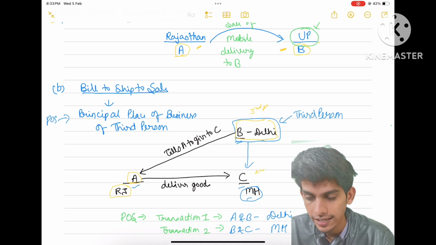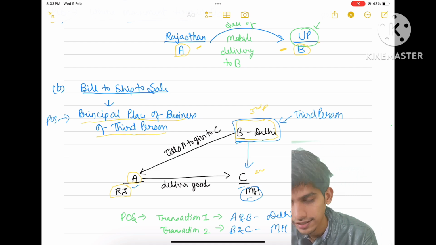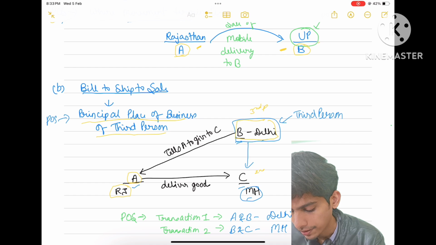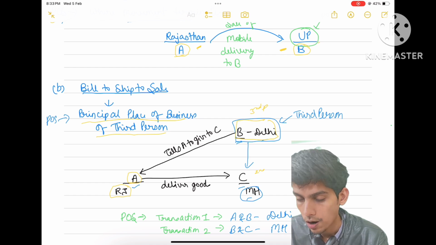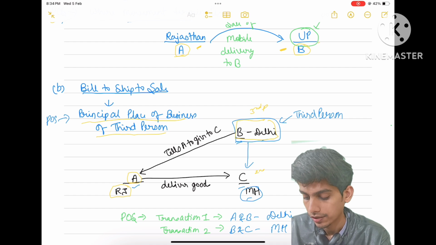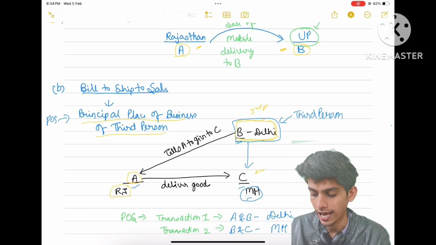So in this transaction, place of supply will be the principal place of business of the third person. Mr. A is supplying goods. He is delivering the goods to C on behalf of B. So the principal place of business of B will be the place of supply. The place of business of B is Delhi.